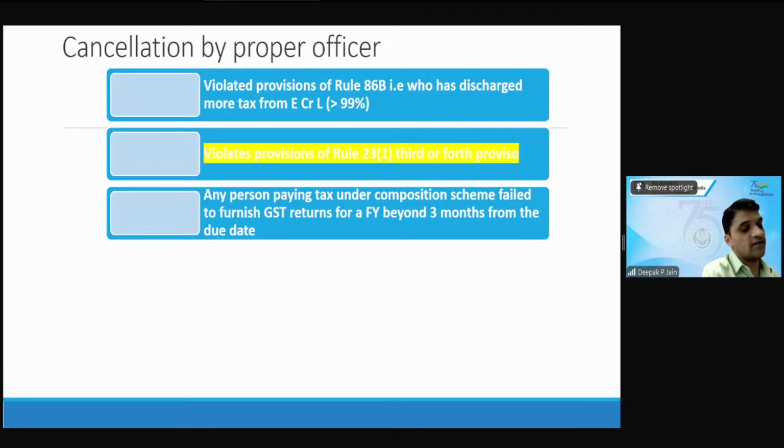Now, composition dealer will file returns how often? We have discussed this, right? How often does a composition taxpayer file the returns? Does he file monthly? Does he file quarterly? Or does he file at any other time?